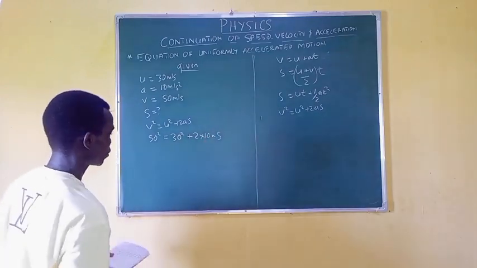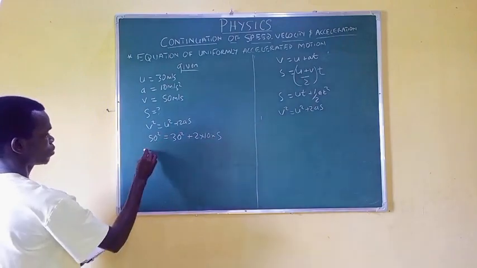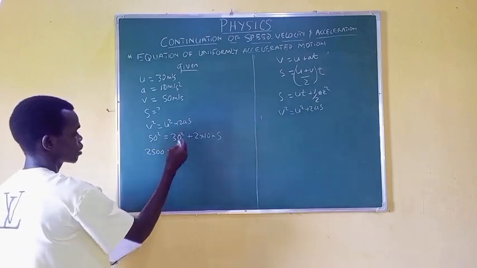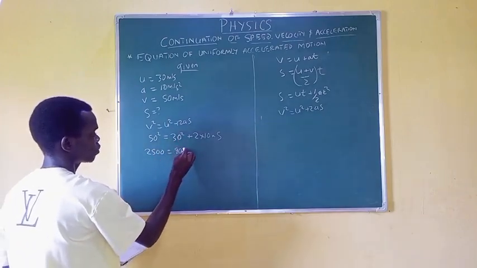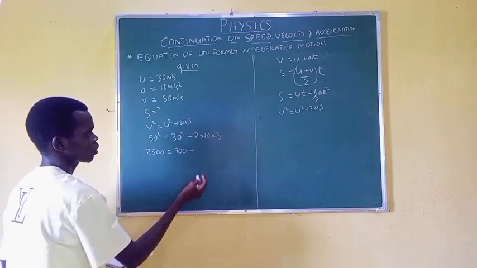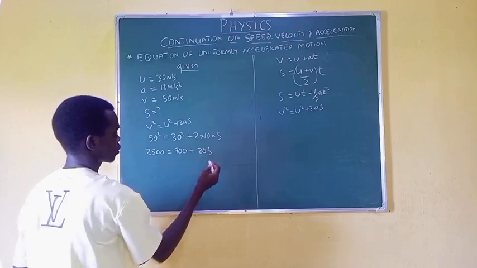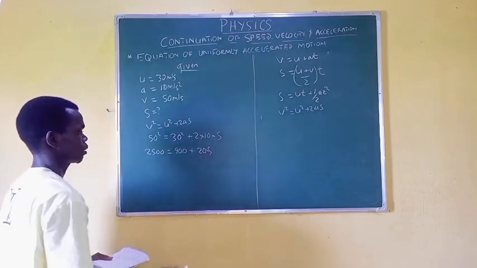That is what we are looking for. 50 squared will now be 2500, is equal to 30 squared, which is 900, plus 2 times 10, which is 20, times s.